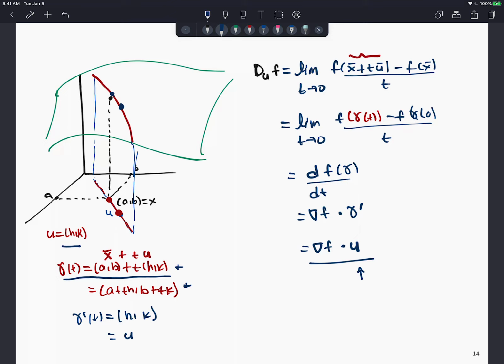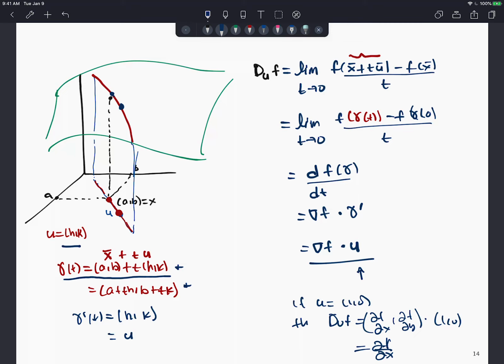That's clear because if u is, say, (1, 0), then the directional derivative in that direction is just partial f partial x, partial f partial y, dot (1, 0), which of course is just the partial of f with respect to x. So you recover that idea.